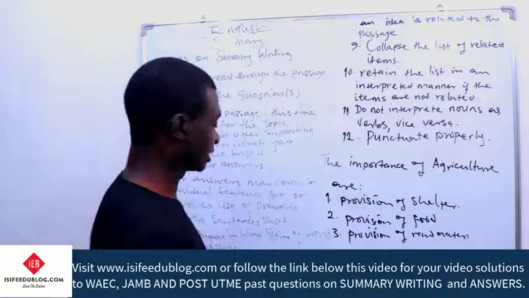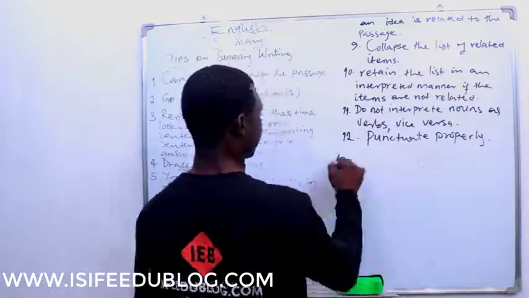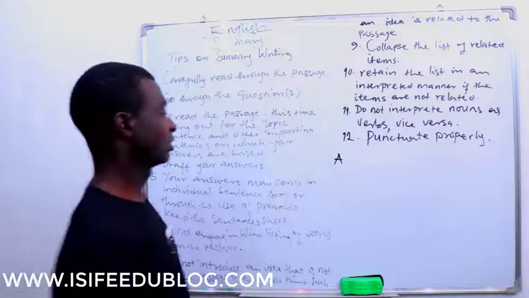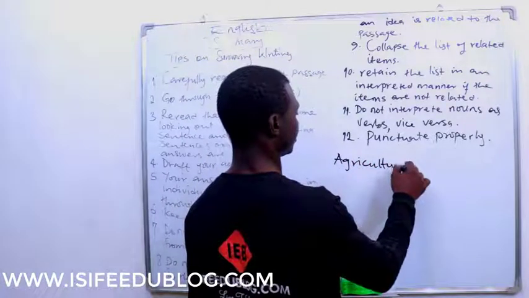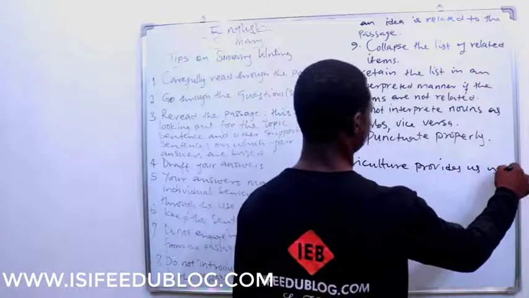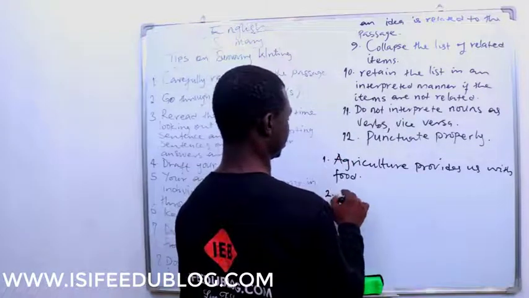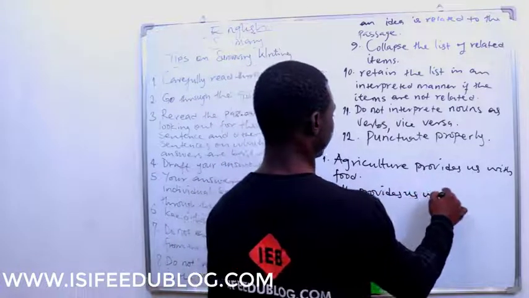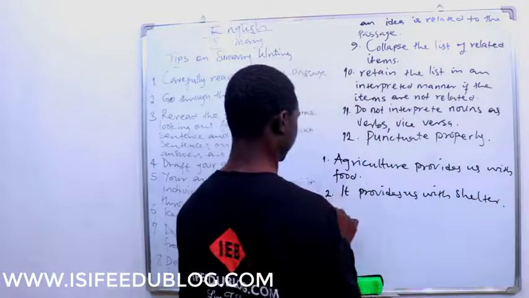The use of individual sentence is also good. That is to say, agriculture, this time we do not need to say the importance of agriculture. No. Agriculture provides us with food. 2. It provides us with shelter. 3.